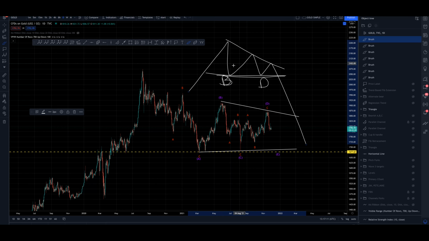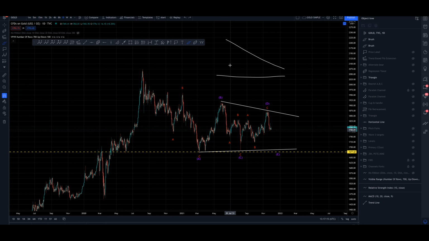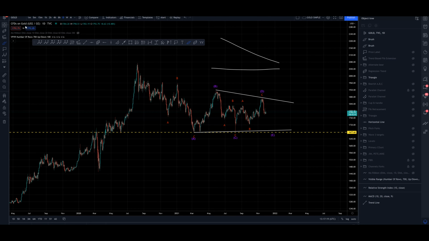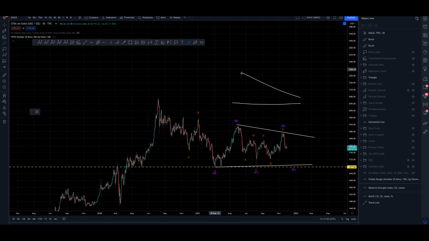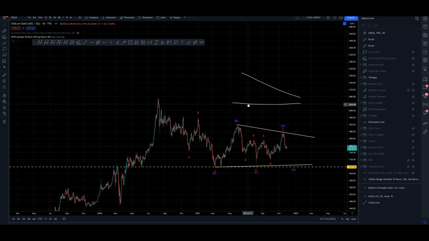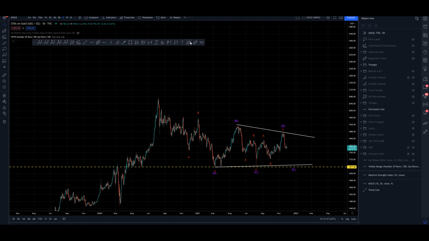If you're looking at a barrier in that way, the alternative obviously would be a descending triangle. If I just show you, let's do that again. So let's say a descending triangle is a barrier triangle. Sorry, I'm getting this completely screwed up. I need to change the shape of the triangle, don't I?